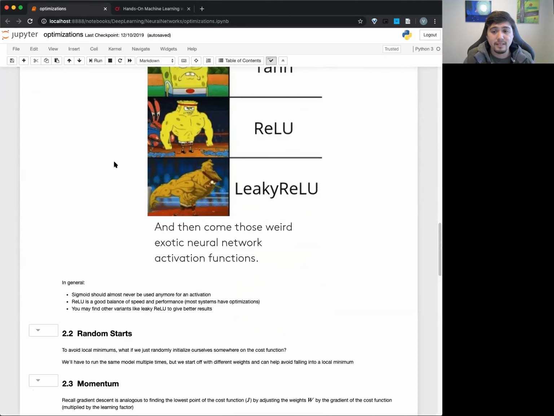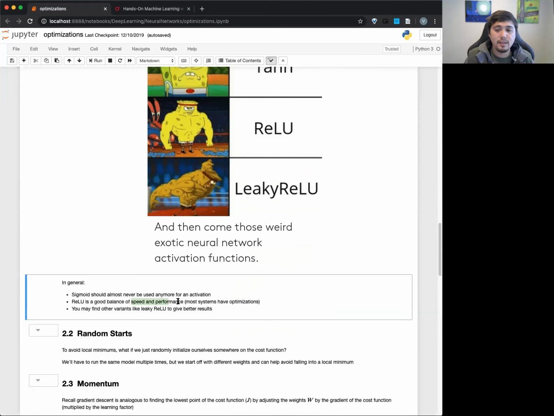Remember that we should basically focus on ReLU. ReLU is generally a good all-around default. The package is heavily optimized for ReLU, so you can run it faster than you normally would.